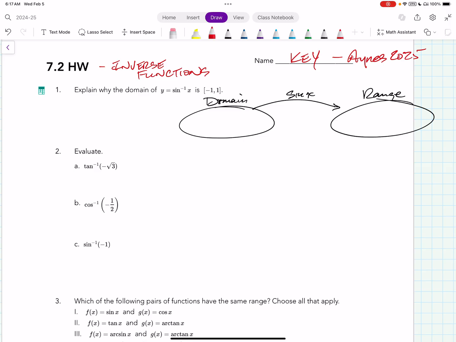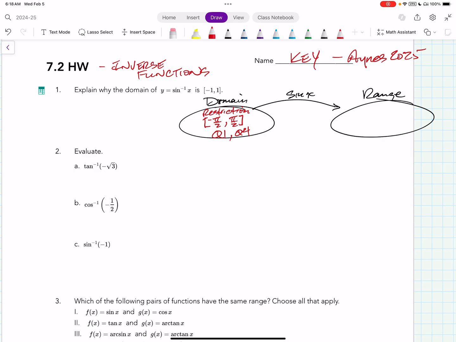And our restriction was from negative pi halves to pi halves. So our restriction here, if you recall, and you can look at your notes if you like, is from negative pi halves to pi halves, closed, which means any angle in there from negative 90 degrees to 90 degrees. And those angles are either in quadrant 1 or quadrant 4, as we were talking about.